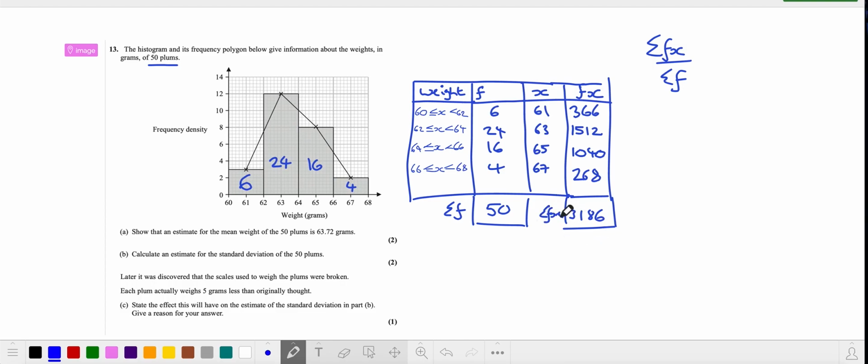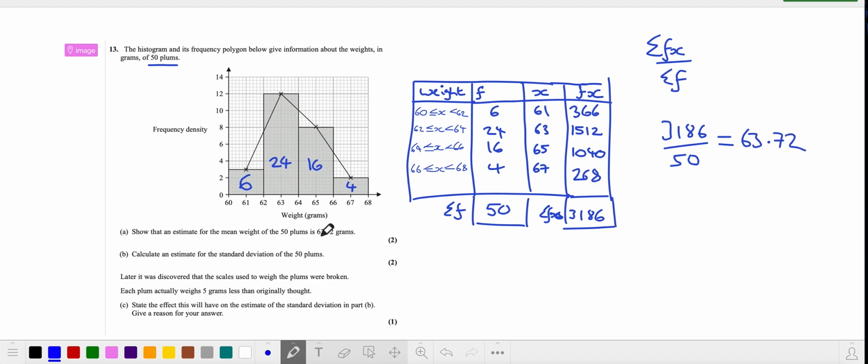Sum fx in that box there. So then to find our estimate, we just do 3,186 divided by 50. And we get the answer 63.72.